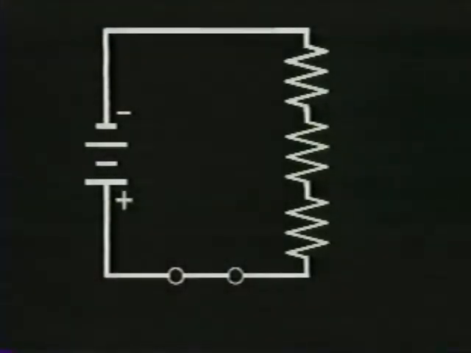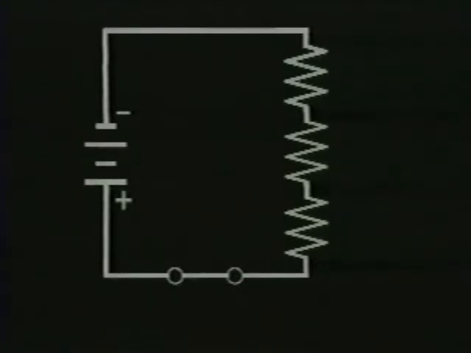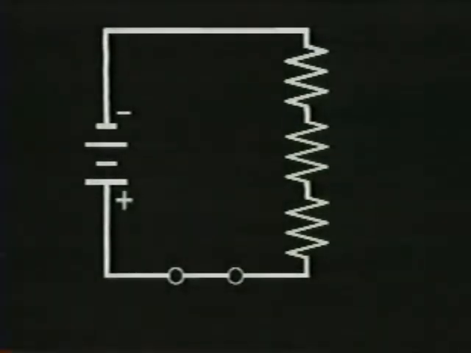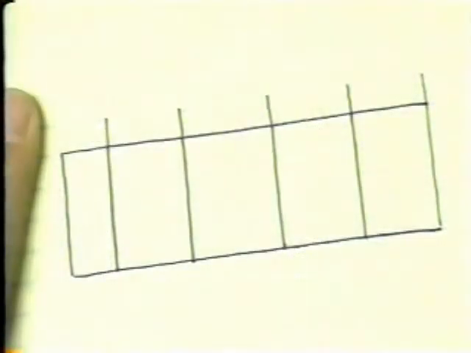Now, using everything you've been shown so far, solve for the unknowns in a final series circuit. Once again, there will be 3 resistors and a voltage source. It's often helpful to chart values when solving problems. Let's try this method. Draw a chart with 4 rows and 4 columns.